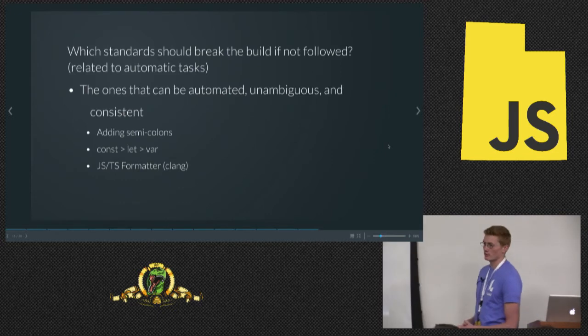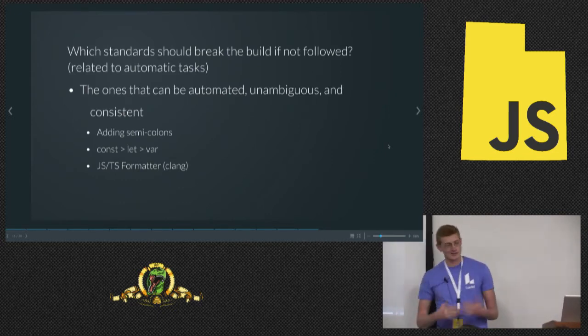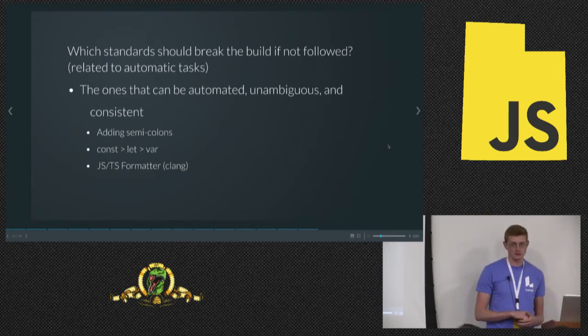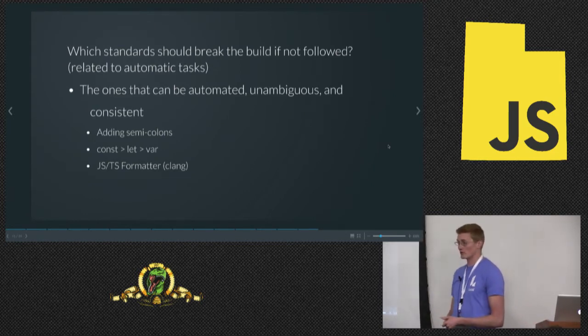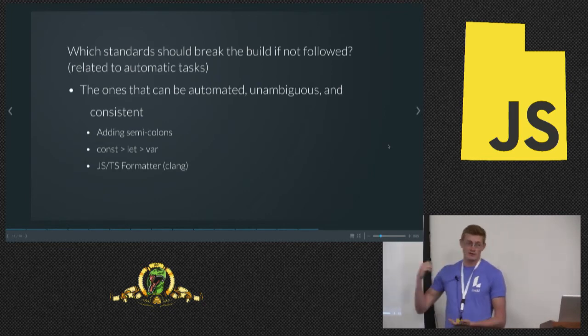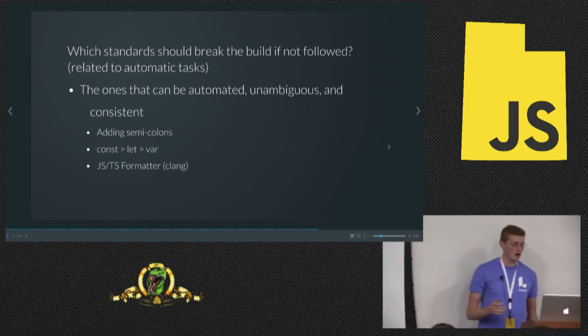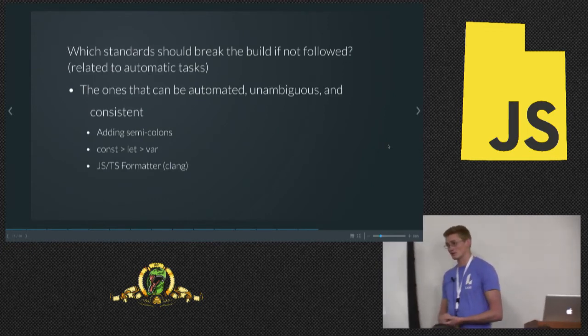So another question, something that we had to decide, is which standards should break the build if they're not followed? Again, this can't be all of them for various reasons. There's lots of standards, but we were able to make some of our standards actually break the build, which is wonderful. As much as possible, this should be preferred, but it can only really be done when these standards are automated, unambiguous, and consistent.